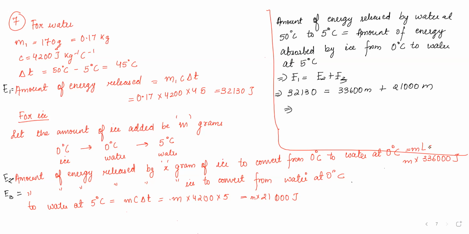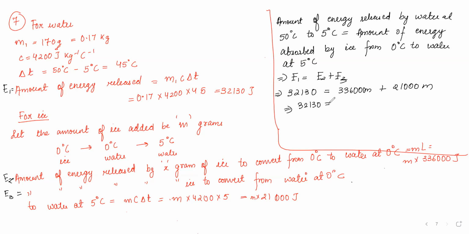Is there any place that we have done some mistake? Okay, so here you have 3 zeros, children, sorry.